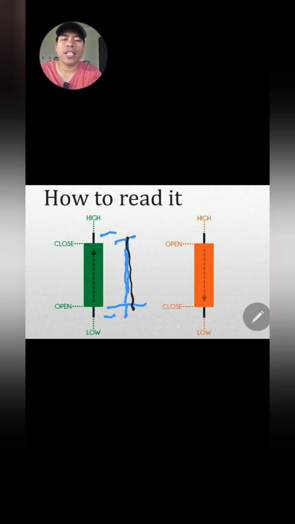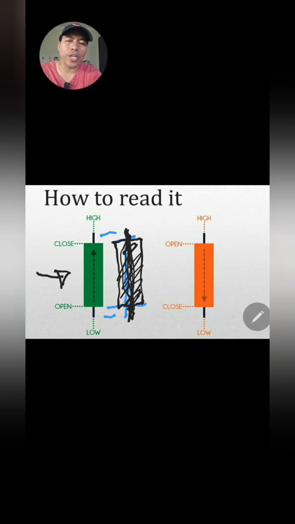So what happened is, let's say within 1 hour, or within one day, after the tug of war between the buyer and the seller, the buzzer said, all right, stop fighting. So who is the winner? He awards the color of the candle. Say for example in this case green, that means the buyer is the winner.